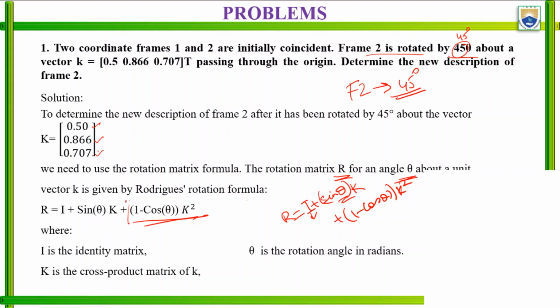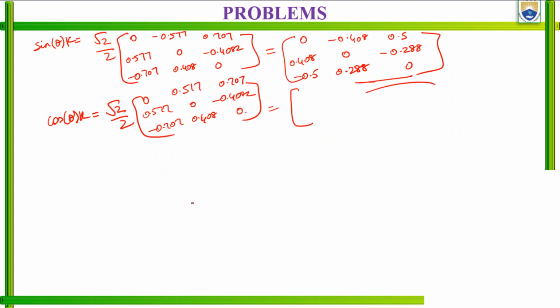Here we need to calculate 1 minus cos theta into k square, so that the same we can represent here. So what will we get here? 1 minus root 2 by 2 into k square. What is k square?